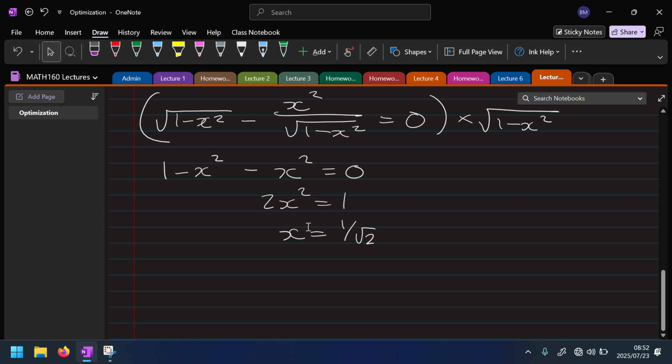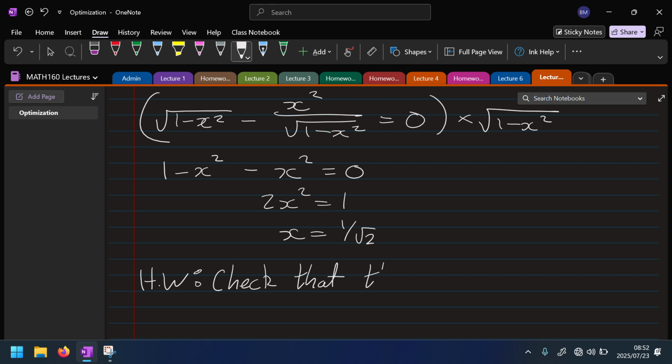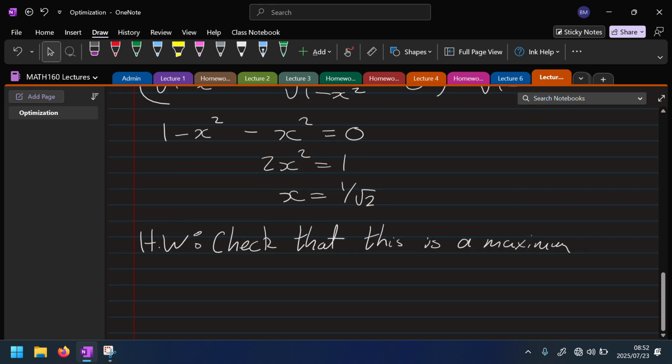So we've got our x value. Now we need to check if this is a maximum or minimum. It is a maximum, but for homework, you're going to check that. How are we going to do that? We can use the second derivative. Find A double prime at this x value.